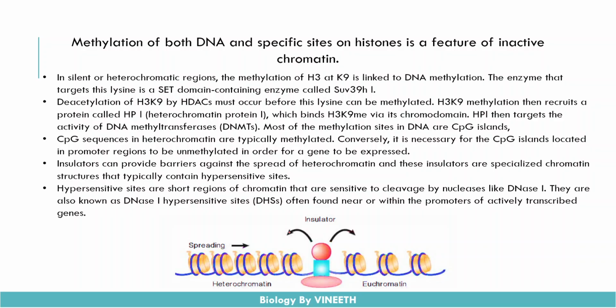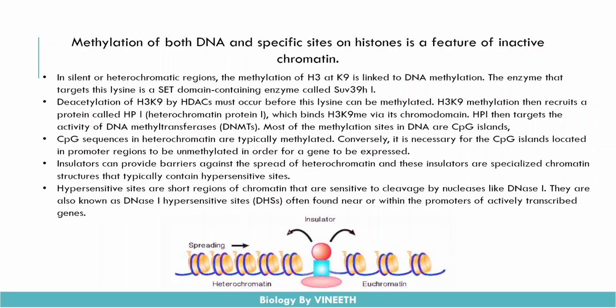Whenever these methylation reactions are performed, by an enzyme called SUV39H1, which is a SET domain containing protein, this enzyme adds a methyl group on the 9th position amino acid, the lysine, on histone 3. So histone 3 contains lysine at the 9th position, and if it contains a methyl group, then it is an indicator of heterochromatin.